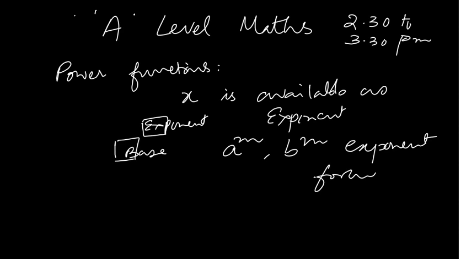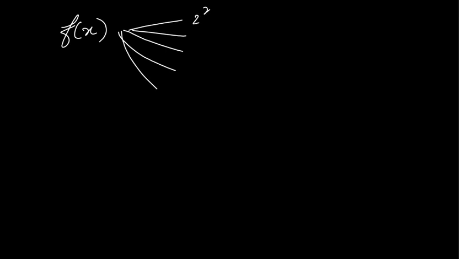Okay, but in the event we have a function, because we have done the differentiation, things like that, we know what f of x is, right? If f of x is any of these things, 2 to the power of x, 3 to the power of x, or 10 to the power of x, or 100 to the power of x, or e to the power of x, all these are exponential functions.